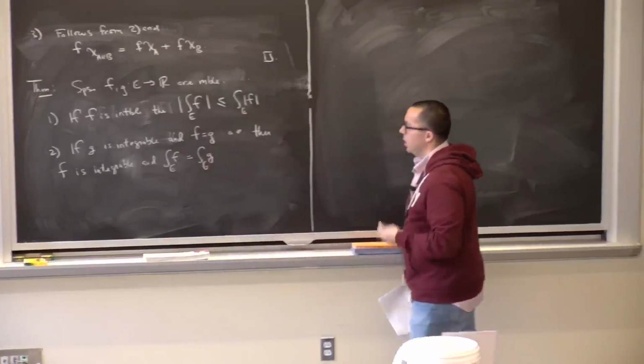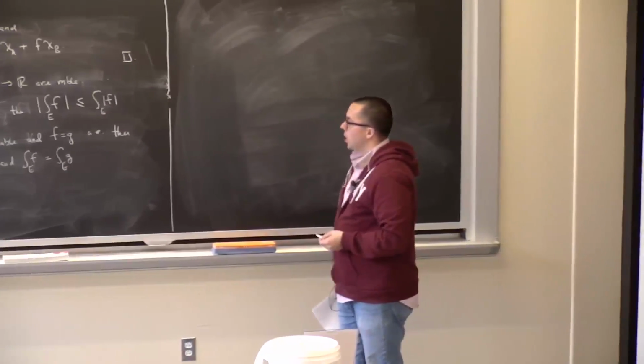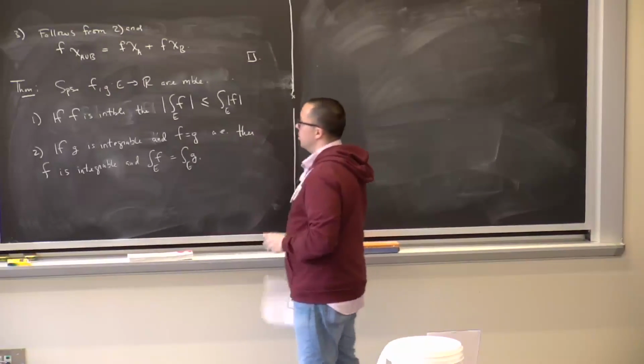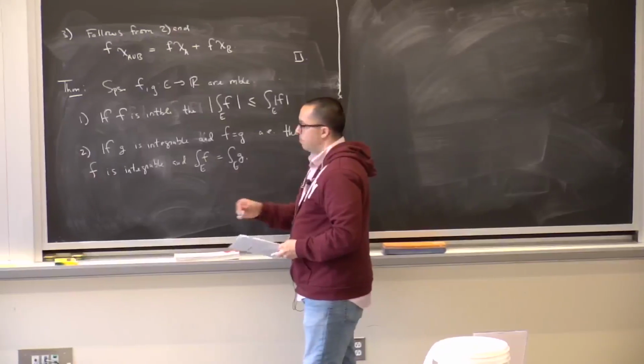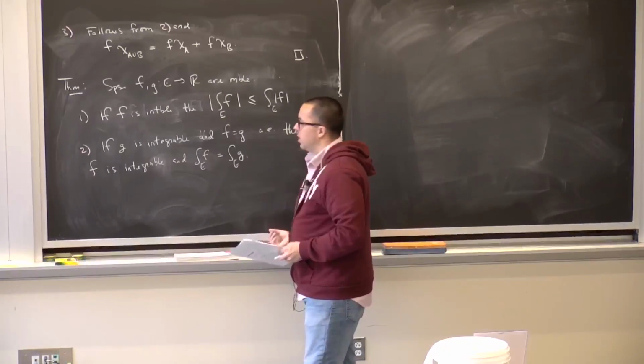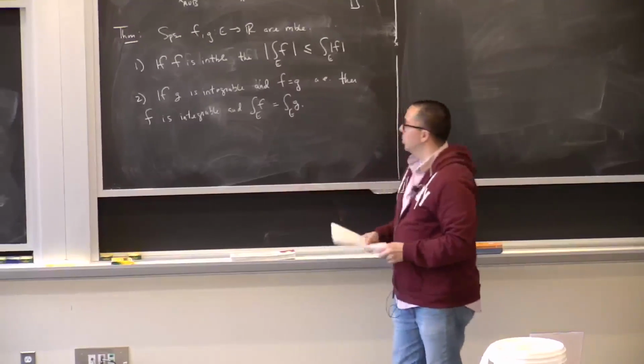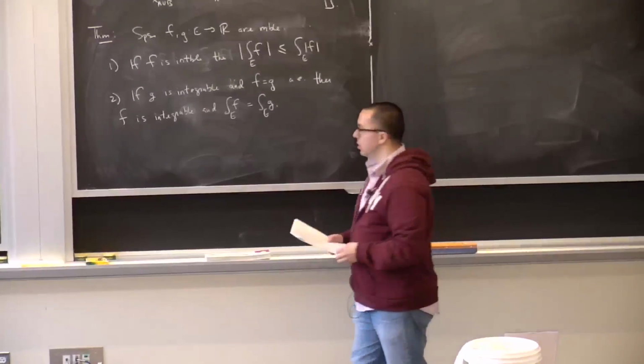Okay, again, back to that philosophy from last lecture where I said if your conclusions are in terms of integrals, then usually the hypotheses can be stated only in terms of almost everywhere information.